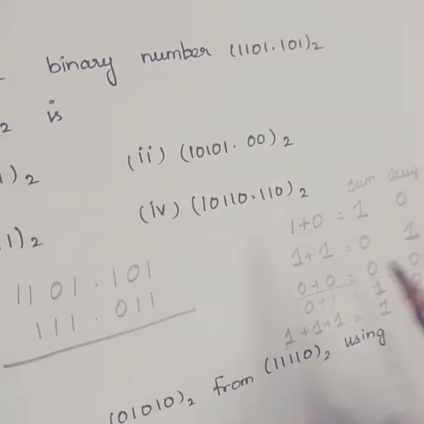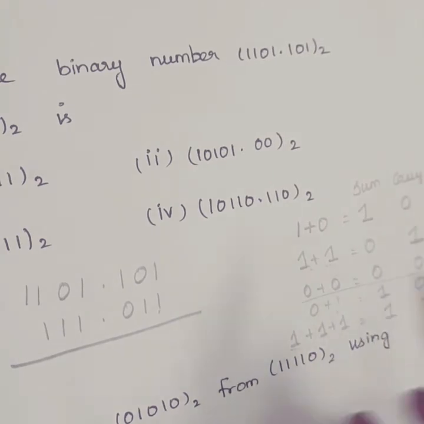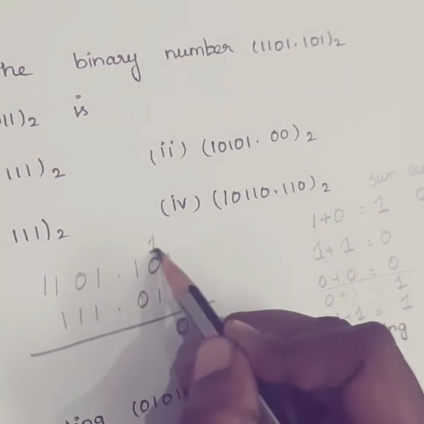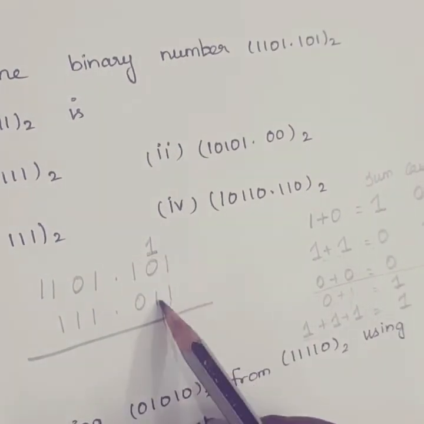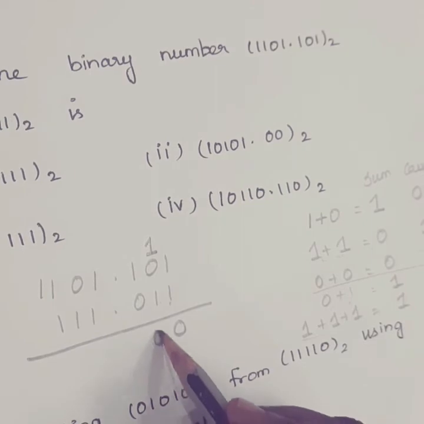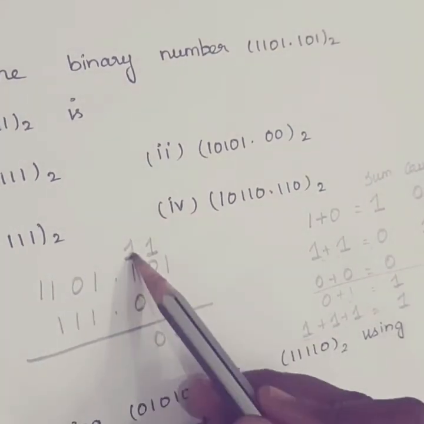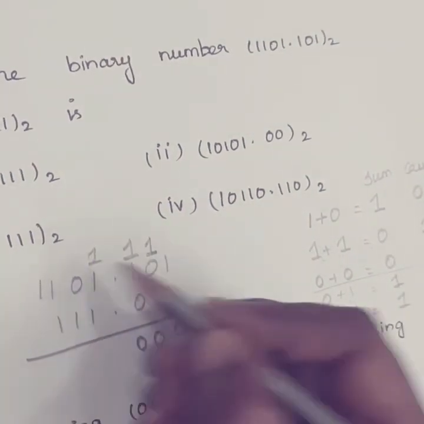So here 1 plus 1, two ones, so sum 0, carry 1. Next again 1 plus 1, so definitely sum 0 and carry 1. Now 1 plus 1 means sum 0 and carry 1.